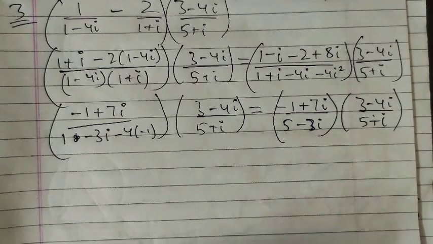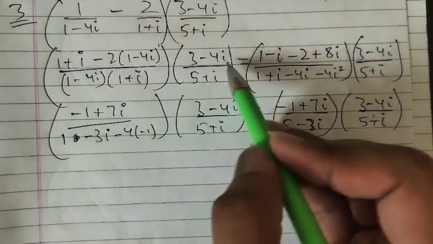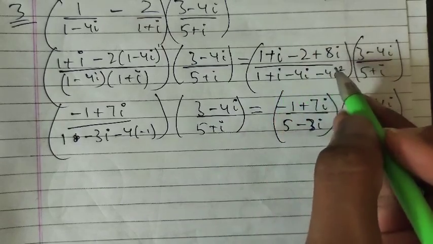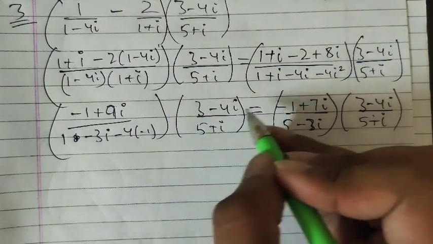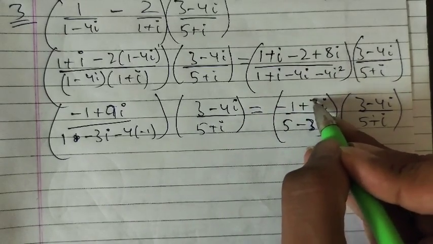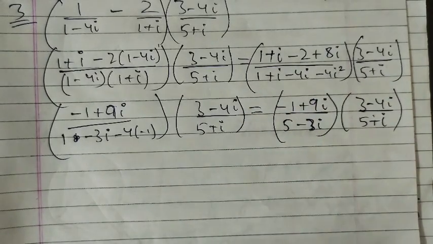So okay, here 1 plus i is there, so this will be 1 plus 9i and again 1 plus 9i, right.